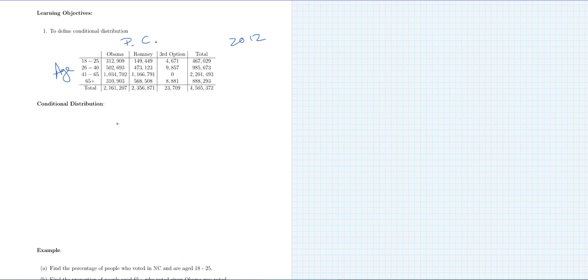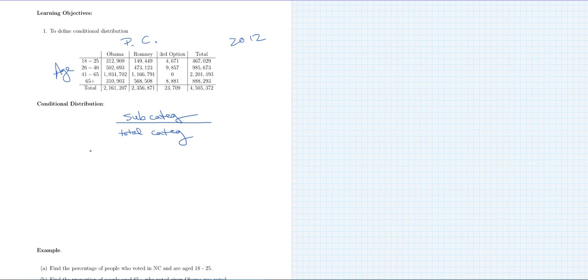So a conditional proportion or conditional distribution is going to be the total of some category that you are examining, and then of the individuals in this category, what is the condition imposed, or what do you care about? So this is sort of like a subcategory total.